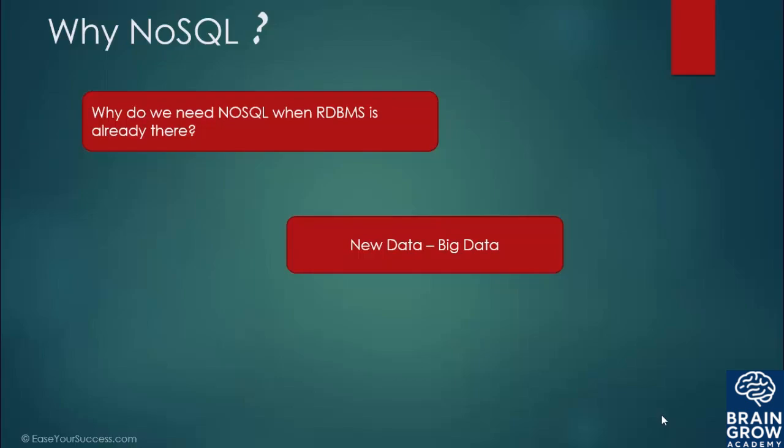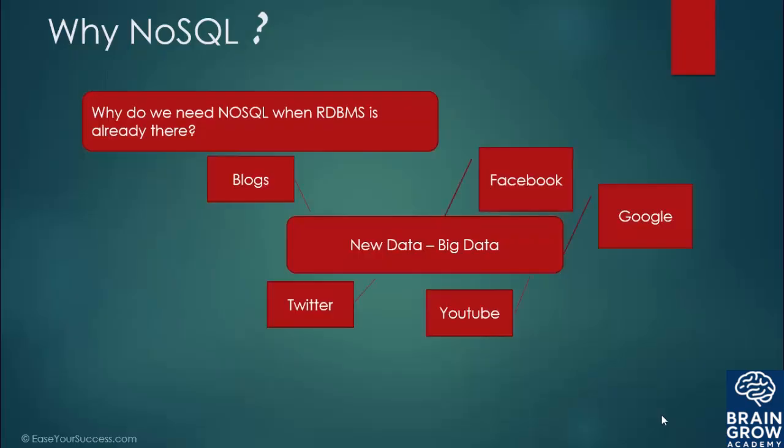A few examples of getting these kinds of data are Facebook, Google, Blog, Twitter, YouTube.